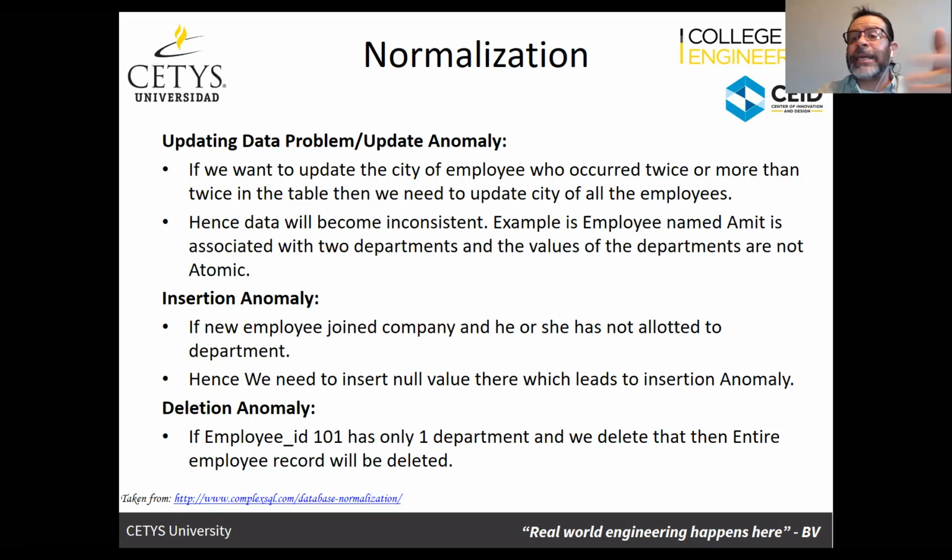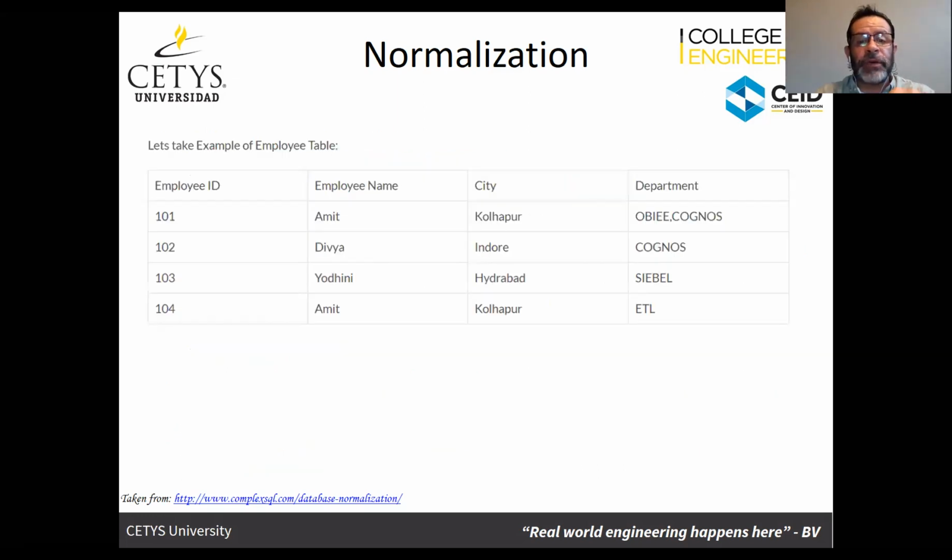If we want to update a city, for example, we've only got 3 cities. If, same as the department, we wanted to add a new city, and none of these employees were from that city, we couldn't add it because we wouldn't have a record to relate it to.